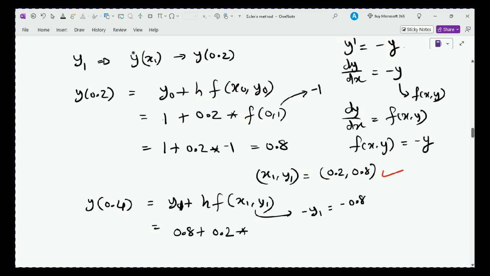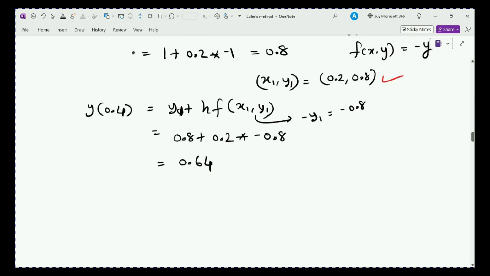If you do the multiplication, this will be 0.64. So x2 y2 is 0.4, 0.64.